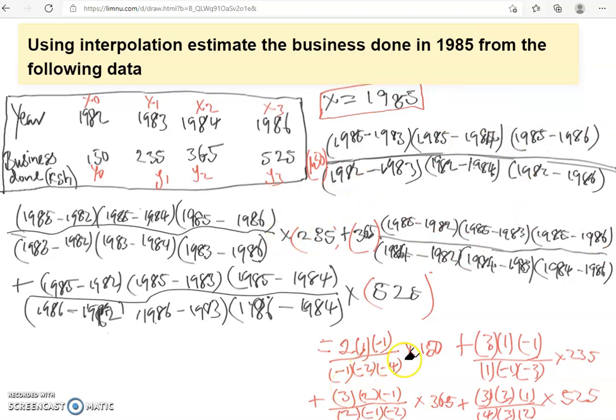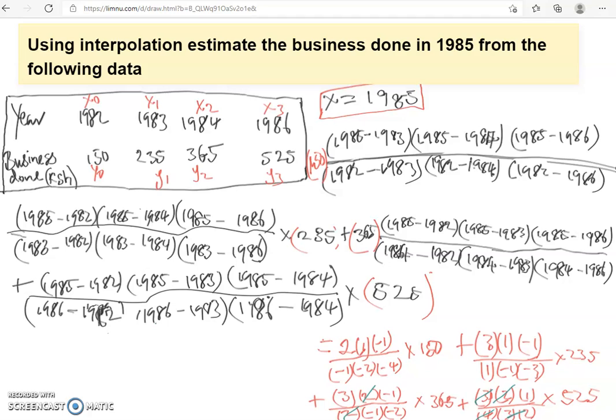So if you observe here, in the second one we've got 2 and 2, so we can actually cancel these. Then here 2 can go into 4. We've got 3 and 3 here. Just plug it the way it is into your calculator.